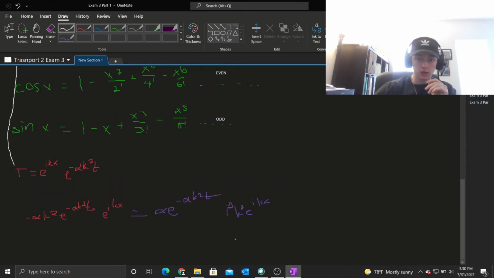Note that i is an imaginary number and i squared is equal to negative 1.